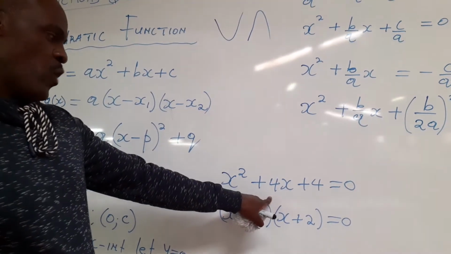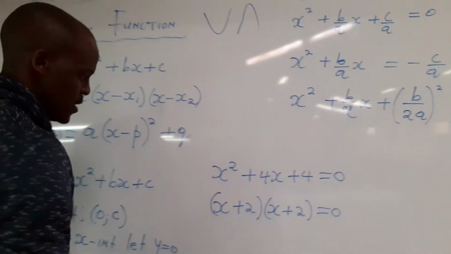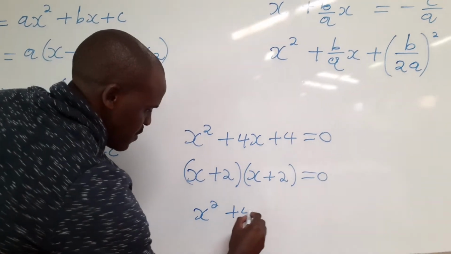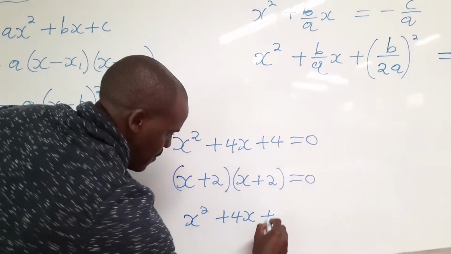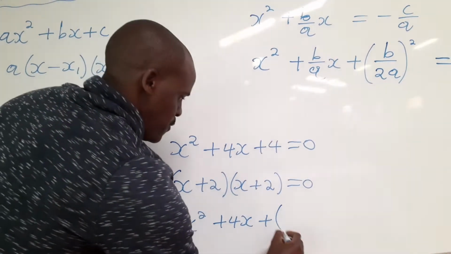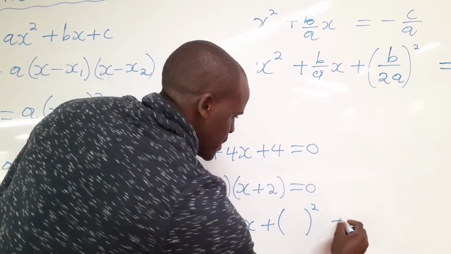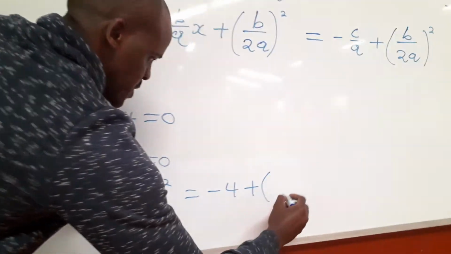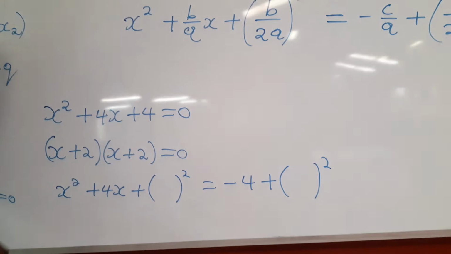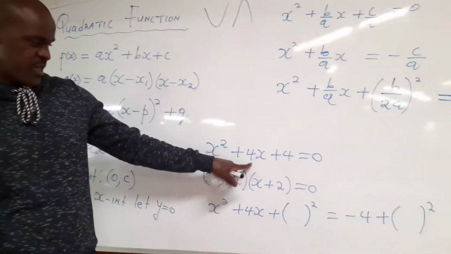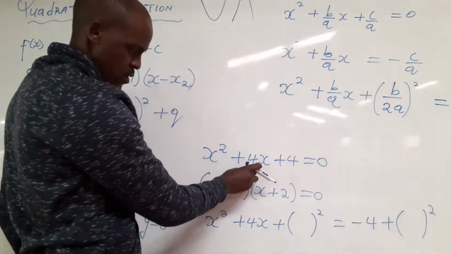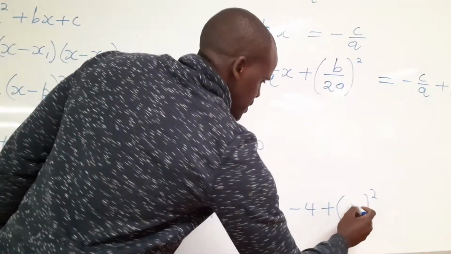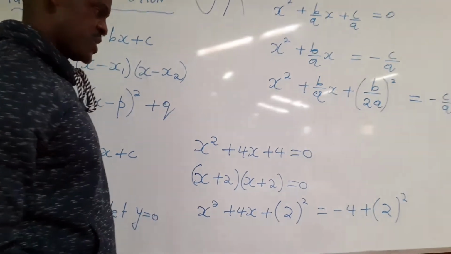Let's say you were to complete the square. It's x squared plus 4x, and we transpose 4, so it's minus 4 plus. And then you halve the coefficient: we divide 4 by 2. So it's 2 and 2, like that.